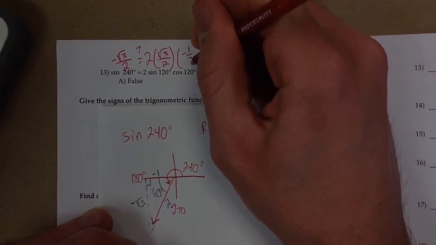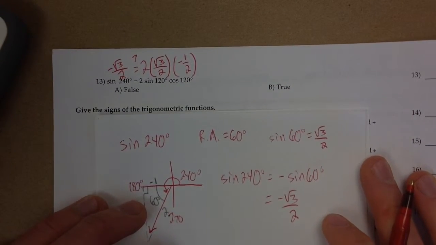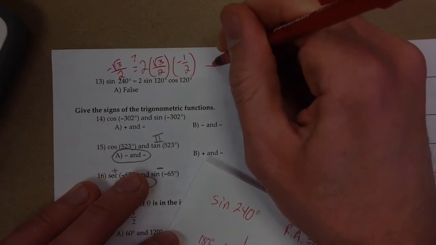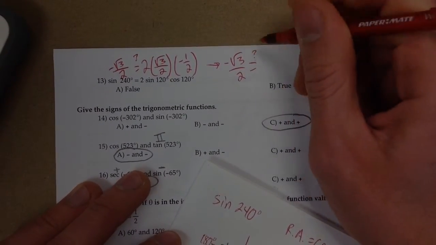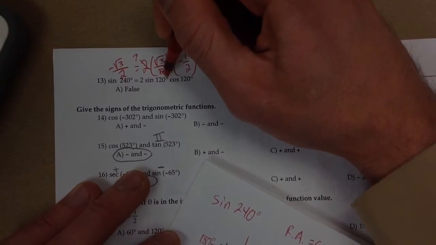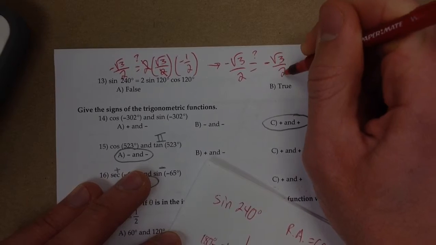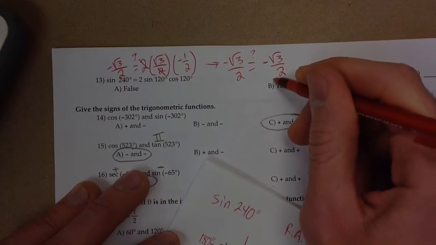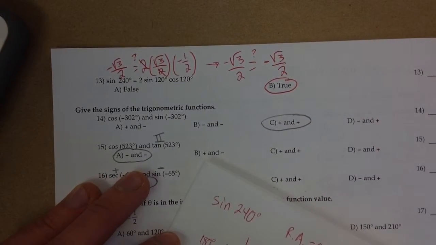It's very important that you get the positive or negative right. Okay, so let's see what's going on here. Negative root 3 over 2 is that the same thing as, well, this 2 and this 2 cancel. Negative root 3 over 2. Is that true? Yes, it is. Reflexive property. Okay. Any questions on 13?